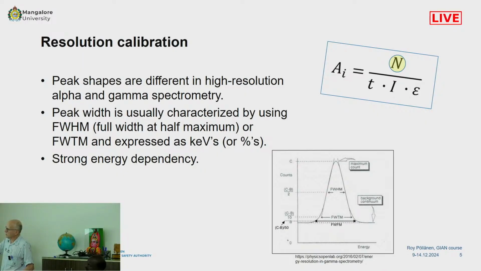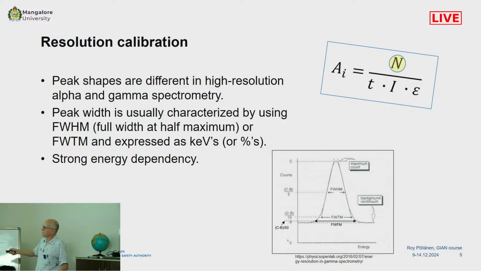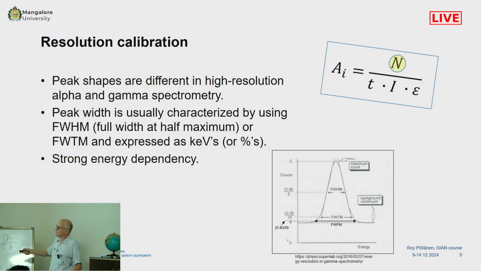This is so-called baseline, and this is in the middle of the peak. And this is full width at tenth maximum here. This is not very often used. This is often used, this FWHM.